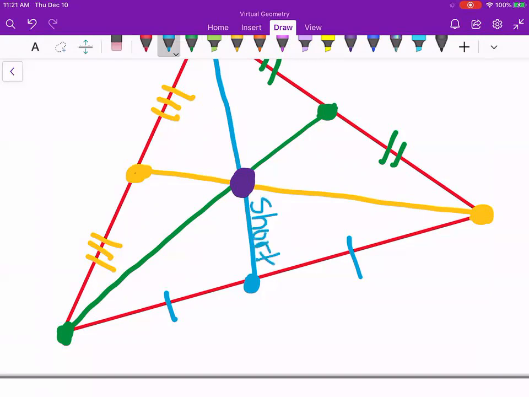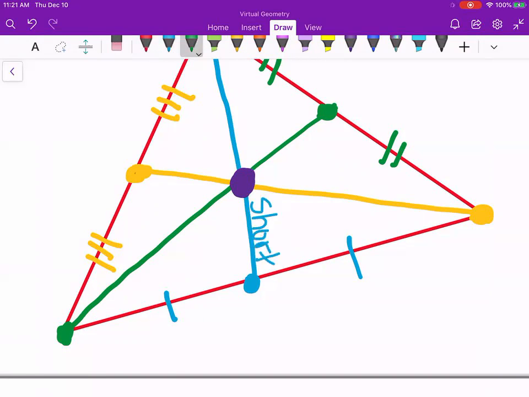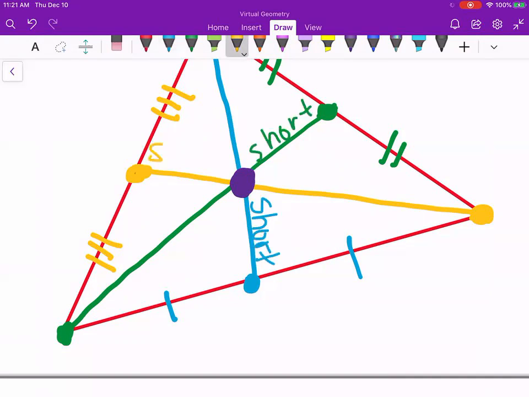So we have a short part on the blue one, on that first median. There's my short part for the other one, and then my third one, my shorter piece here, and that means the other side has to be the longer piece.